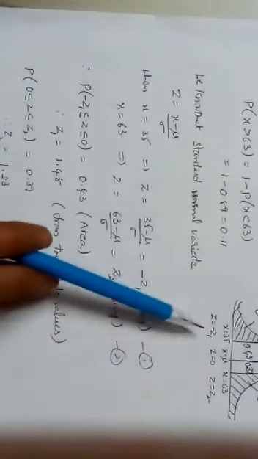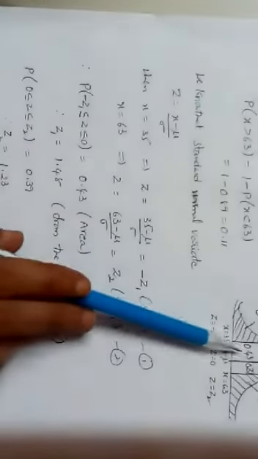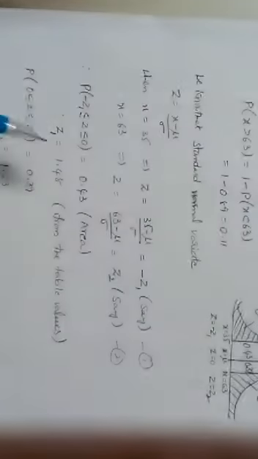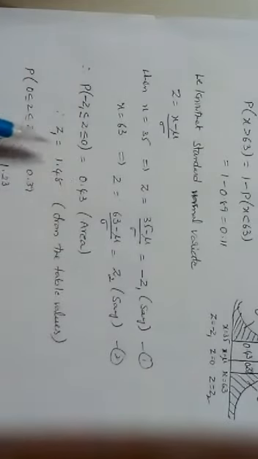So that means minus z1 less than or equal to z less than or equal to 0. What is the area? 0.43. So I have taken here 0.43. This is the area. So you need to find from this area the z values by using table values, normal table values. So we have the area as 0.43.